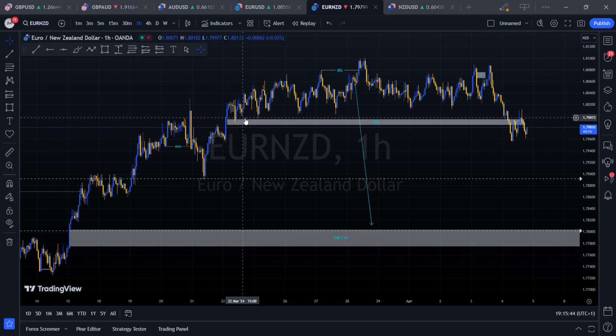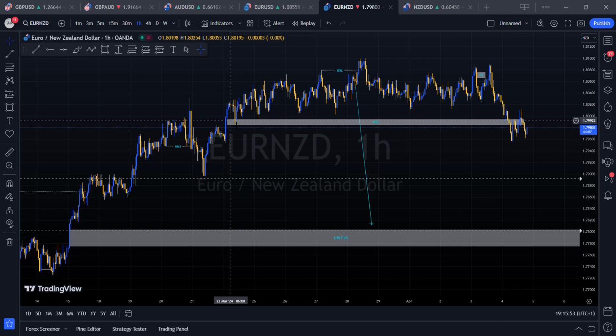So I think the consolidation starts around 22nd March, and it has been on till the 4th of April, which is today, which was when it broke the support, which is about to turn resistance.